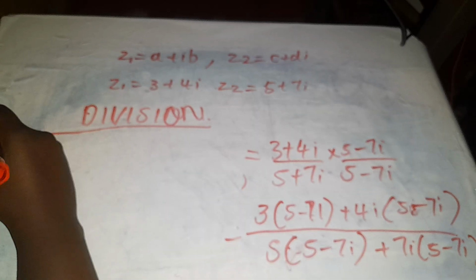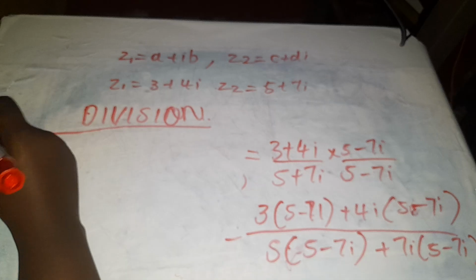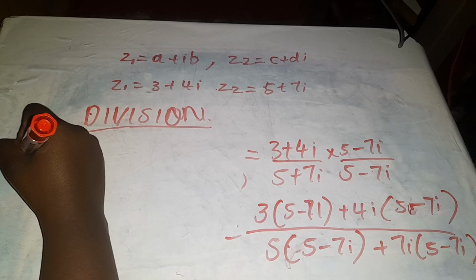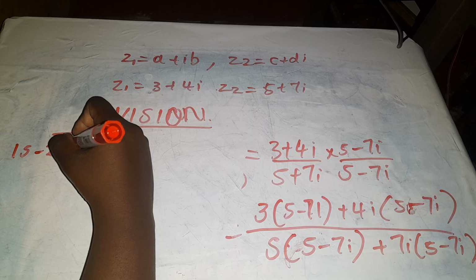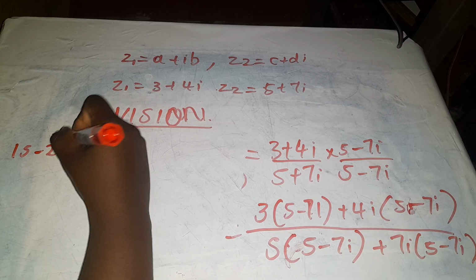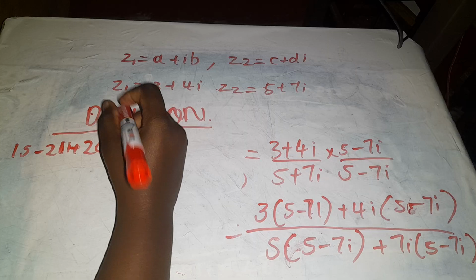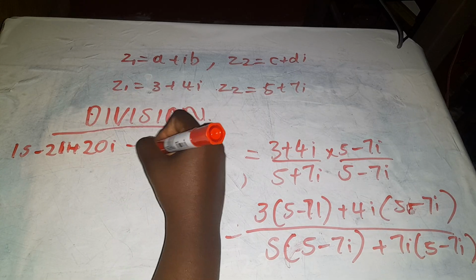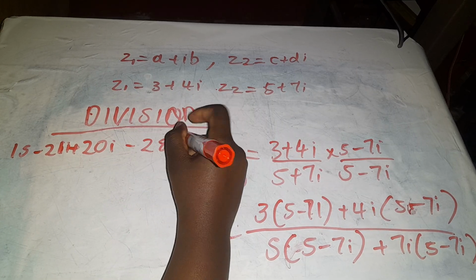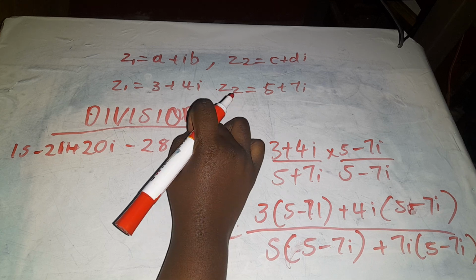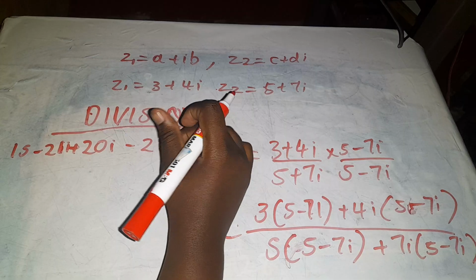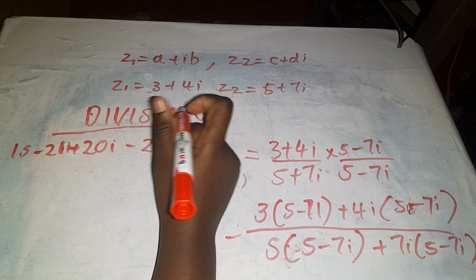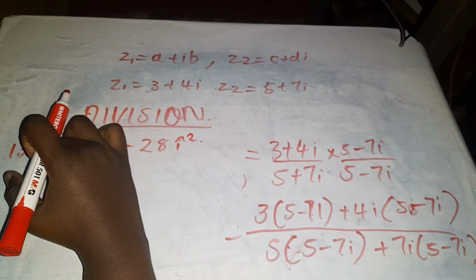So when you open the brackets, you're going to have 15 minus 21i plus 20i minus 28i squared, but i squared is equal to negative 1.